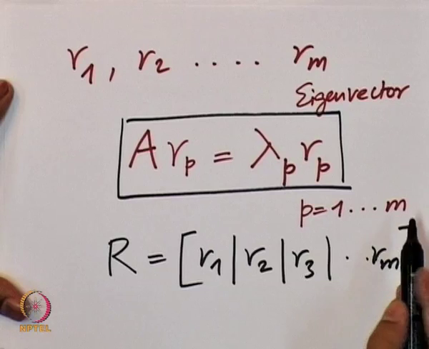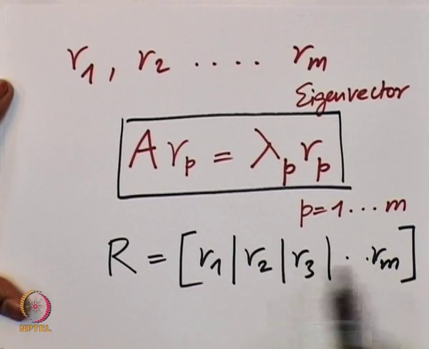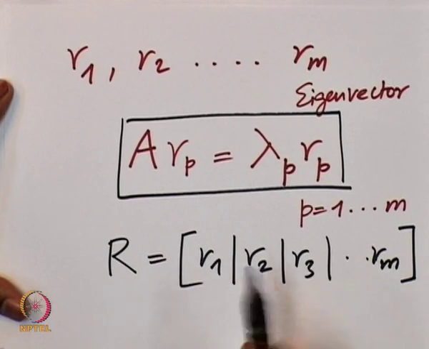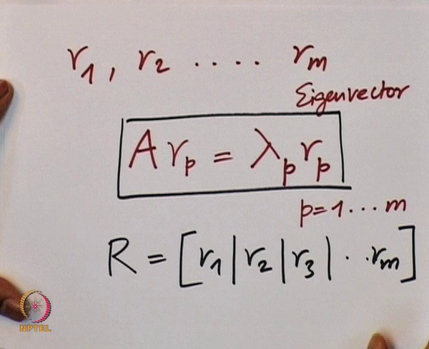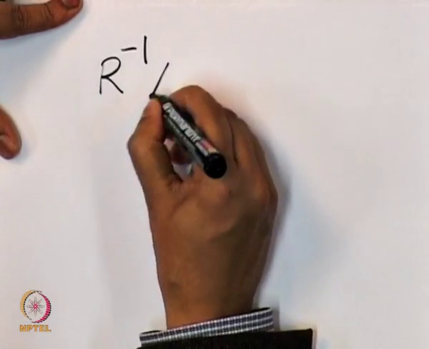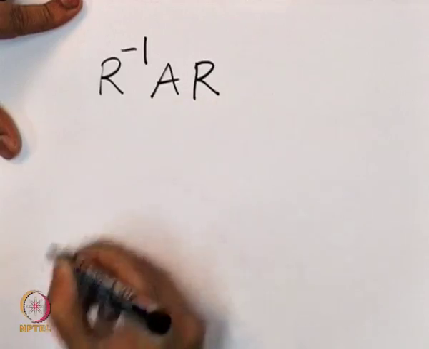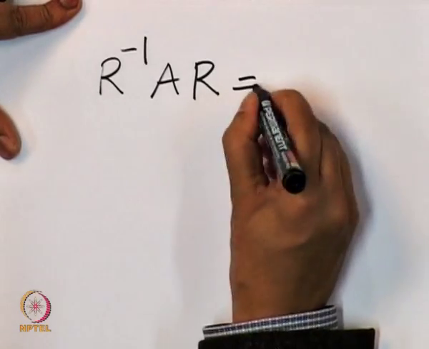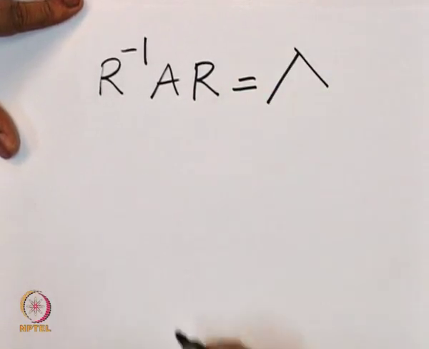Depending on whether we use them as column vectors or row vectors, we have to adapt the equation accordingly, but once you have the definition of the eigenvalues and eigenvectors, we can write them in the form R inverse A R is equal to capital Lambda.